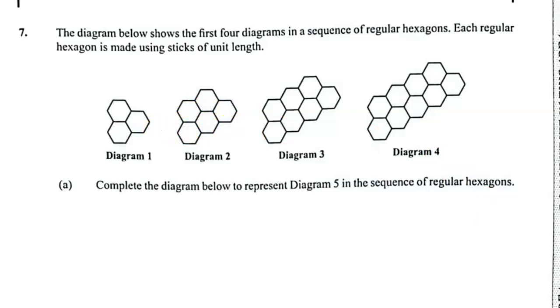So the fifth diagram, notice diagram 4 has 1, 2, 3, 4, 5. So the fifth diagram should have 6 below and 5 above. So we have 6 below, 1, 2, 3, 4, 5. So we want one more to complete the 6.